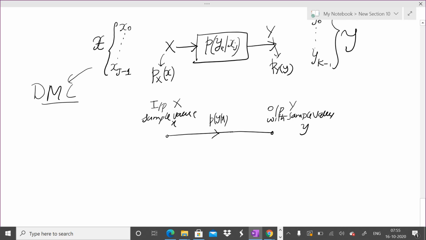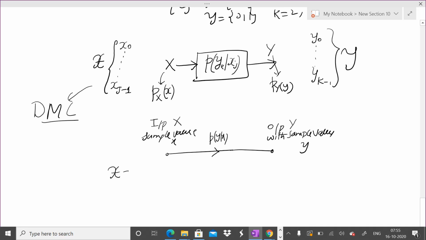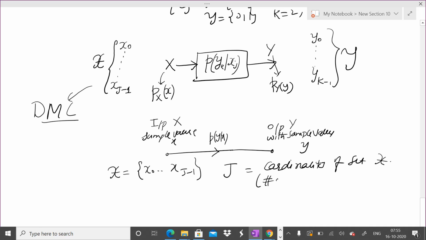And by the way, when we say that x is x0 to xj minus 1, then this j, which is the size of this set, is also called the cardinality of set x. This is the term, which means the number of elements in the alphabet set. Similarly, what will be the cardinality of y?